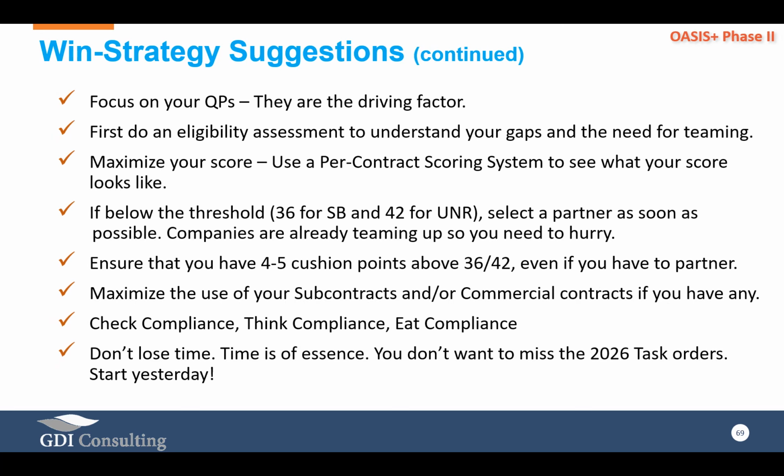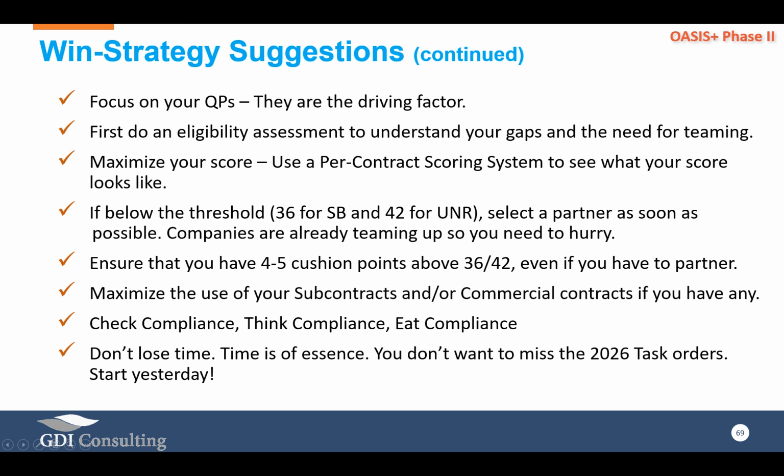Now, focus on your QPs. They are the driving factor. I think I've shown that in different ways to you. First, do an eligibility assessment to understand your gaps and the need for teaming. Maximize your score. Use a per-contract scoring system to see what your score looks like. If below the threshold, that's 36 for small business, 42 for unrestricted, select a partner as soon as possible.